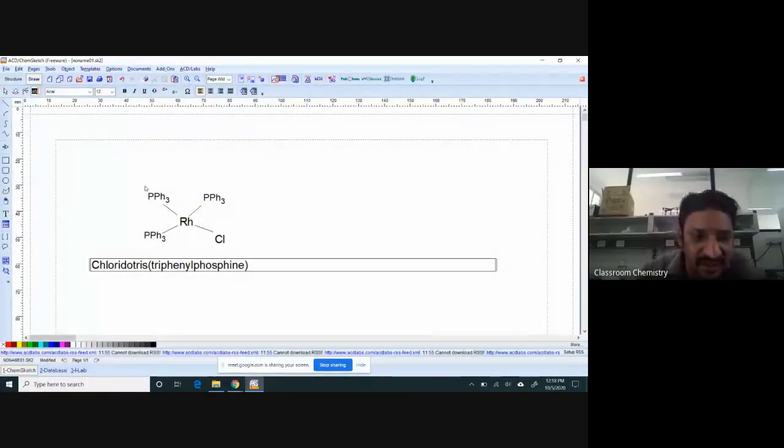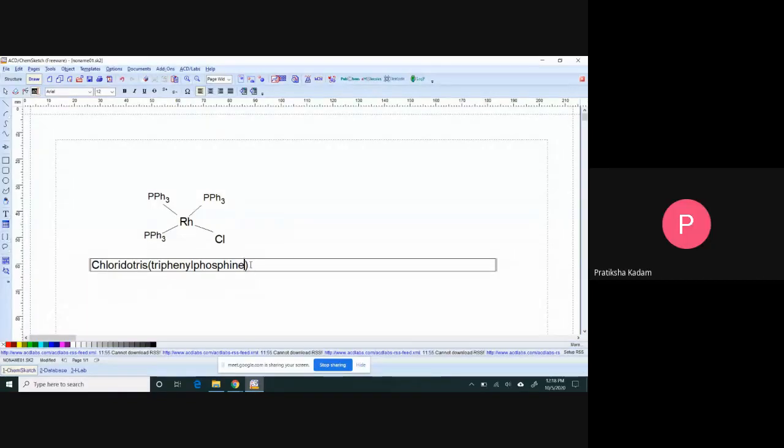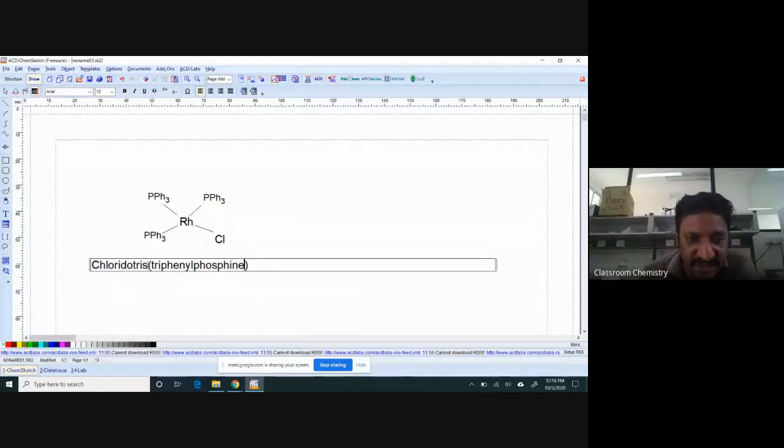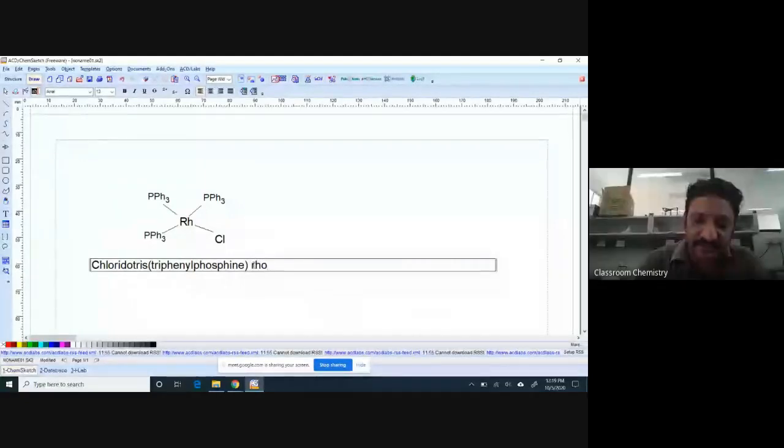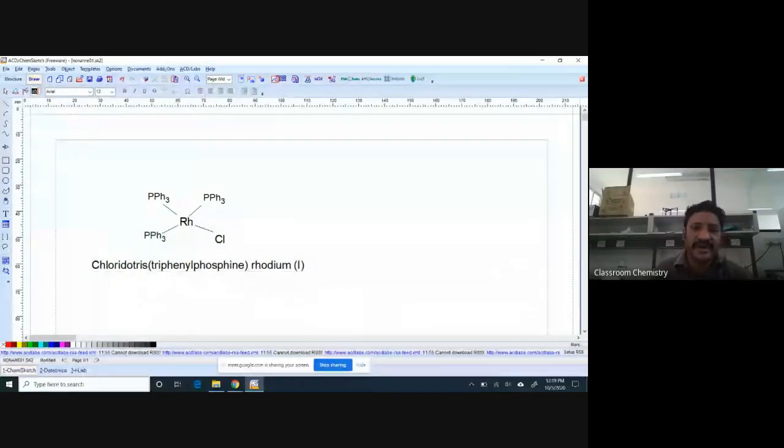Okay, all of you understand? Yes. So chlorido tris triphenyl phosphine, and what is the metal? Rhodium. Okay, and its oxidation state is 1. So this is the common name of what? Wilkinson catalyst.